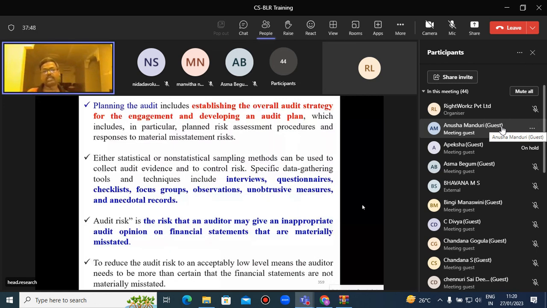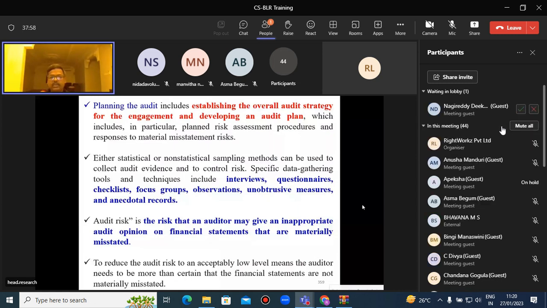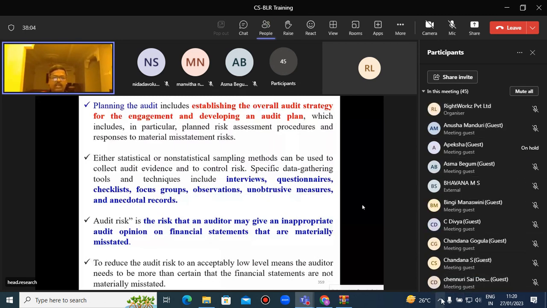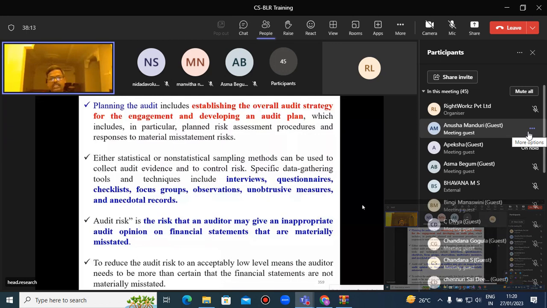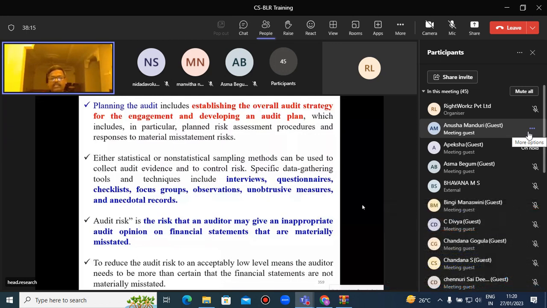So planning an audit includes various assessment procedures and responses to material misstatement risks. Either statistical or non-statistical sampling methods can be used to collect audit evidence. Maybe they are using statistical sampling methods.